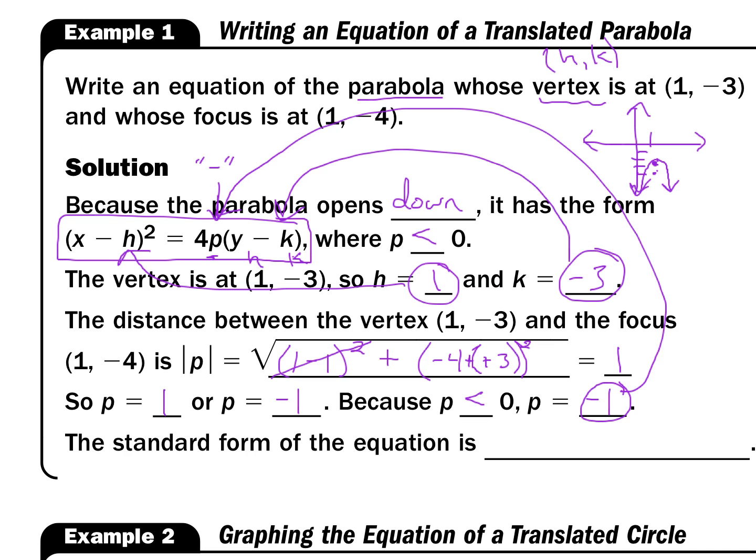Okay? And we just simplify and rewrite. So we get the quantity (x minus 1), because 1 is our h, squared, equals 4 times negative 1, which is negative 4, times the quantity (y minus negative 3). Well, y minus negative 3 is y plus 3. And we're done.